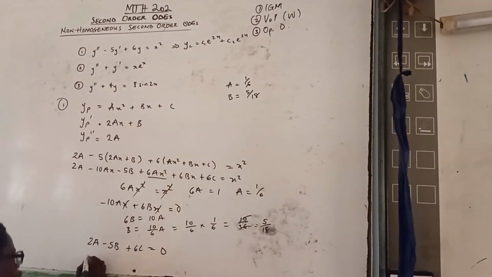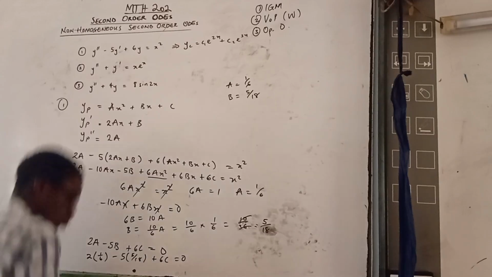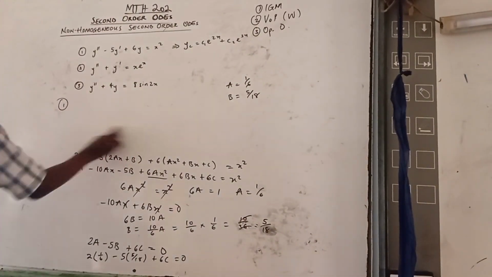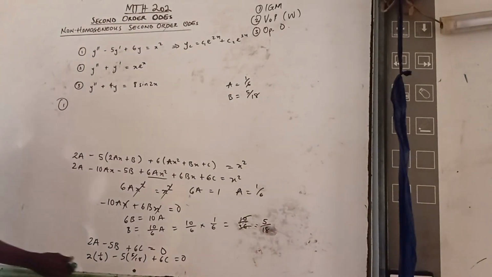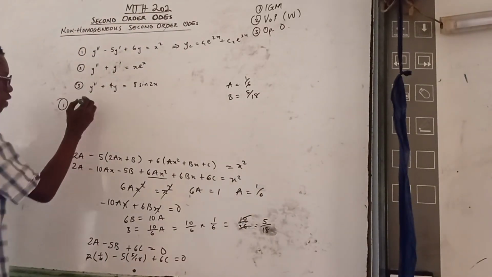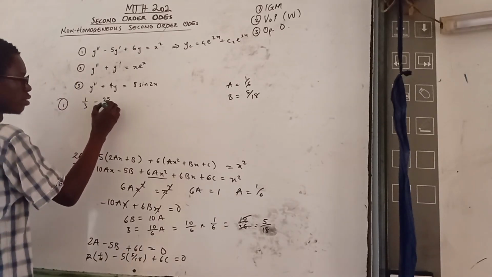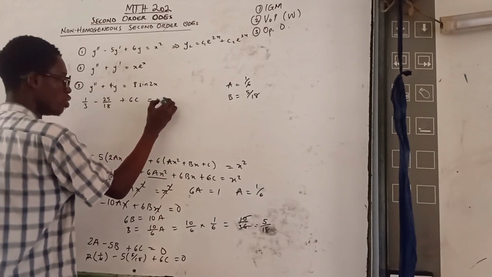So we have 2 times a, which is 1 over 6, minus 5 times b, which is 5 over 18, plus 6c equals 0. So we can now finish this up: 2 times 1 over 6 gives 1 over 3, minus 25 over 18, plus 6c equals 0.